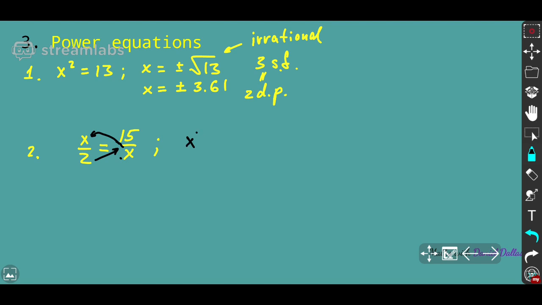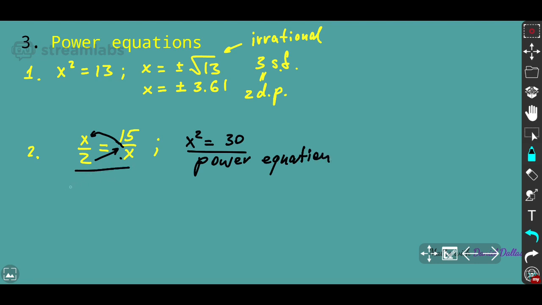So we'll get x squared equals 2 times 15, which is 30. And right now you have a power equation, while before you had a fractional one. That's how you can easily convert into a power equation and then make rearrangements in order to get your x value.